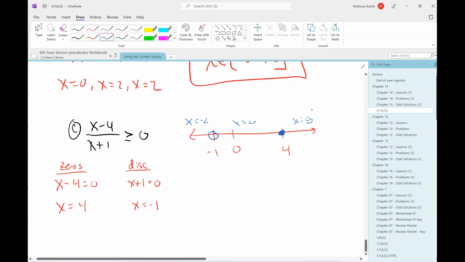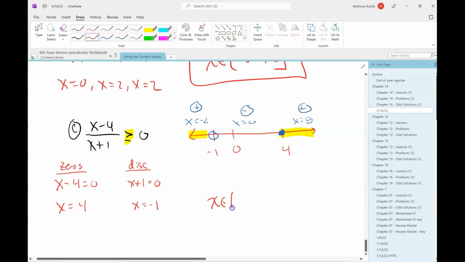So if I plug in -2, I have a negative over a negative, that's positive. If I plug in 0, I have a negative over positive, that's negative. If I plug in 5, I have positive over positive, that's positive. So my solutions then are those 2 parts.